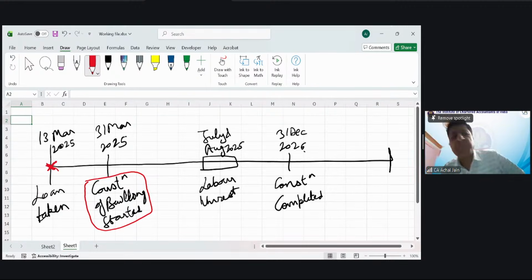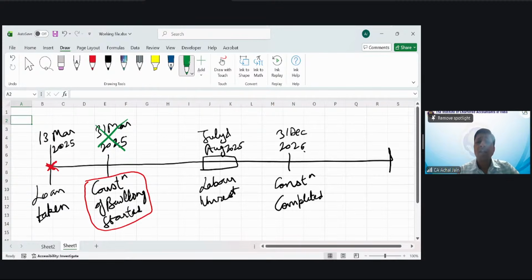Okay. Now tell me one thing. If, let's suppose, loan is taken on 13th of March. Okay. And let's suppose I change this date from 31st of March.